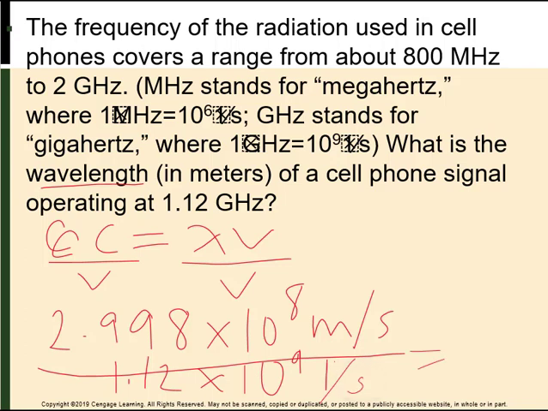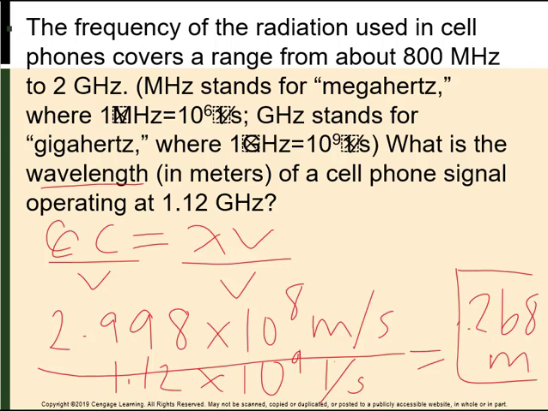So on your calculator, you're going to do 2.998 E8, which is times 10 to the 8th, divided by 1.2 E9, or times 10 to the 9th. And we should get 0.268 meters.